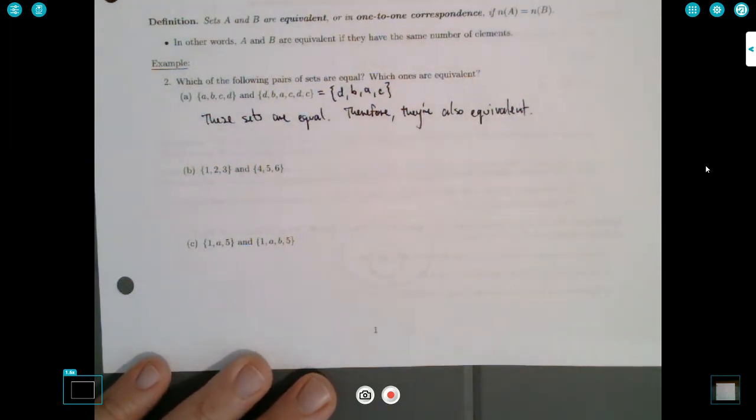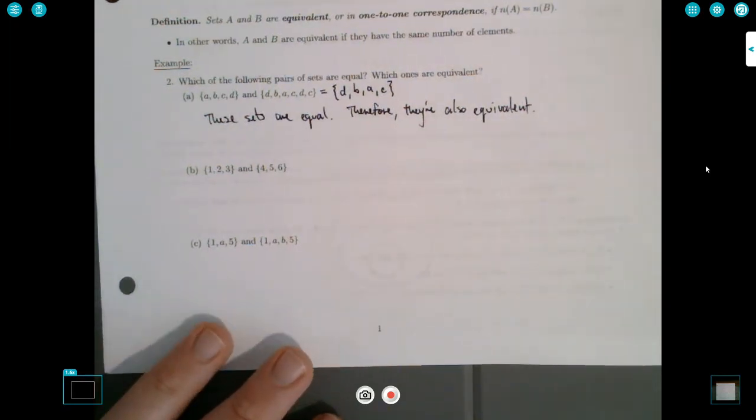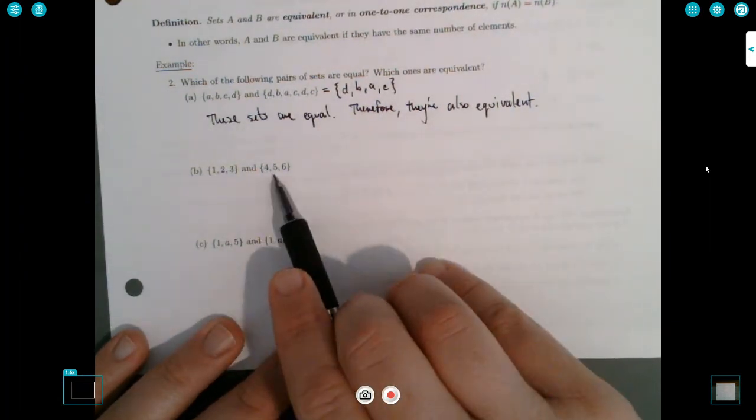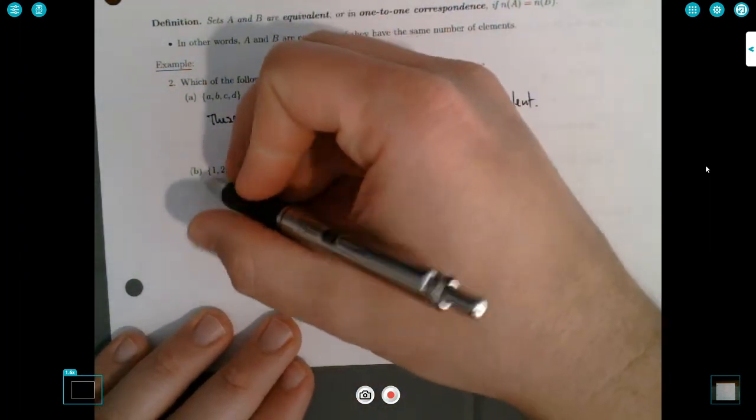So part B, we have the set 1, 2, 3, and 4, 5, 6. Clearly, these sets are not equal because they have different elements.